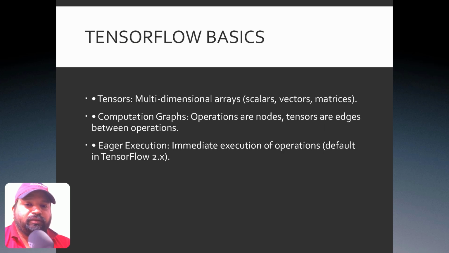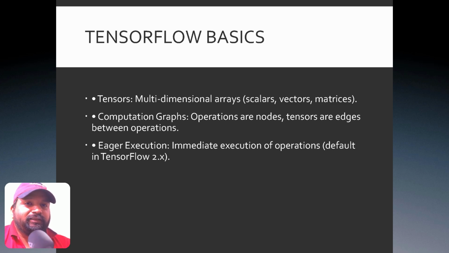Now we will learn about some basic concepts of TensorFlow. In TensorFlow, you can see that the name is made from tensor and flow, and the part tensor is very important. You should know about the tensor. So what is a tensor? A tensor is the core data structure in TensorFlow.